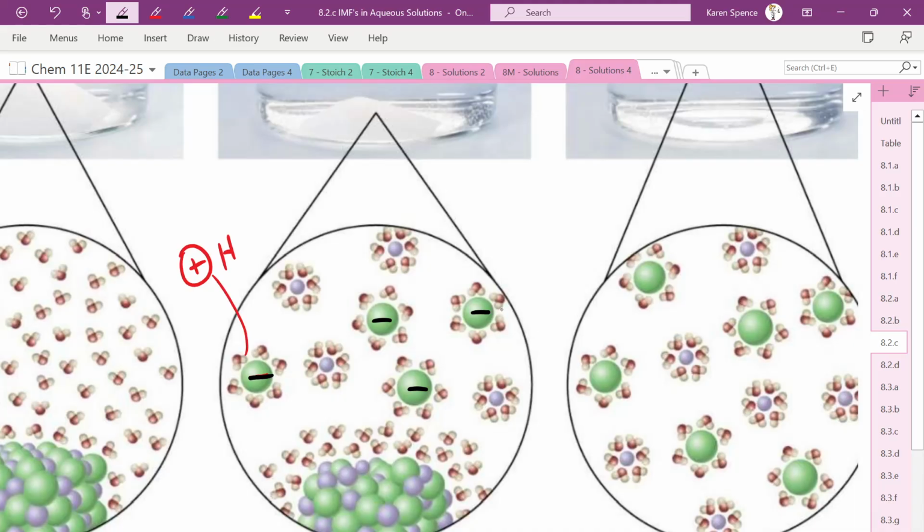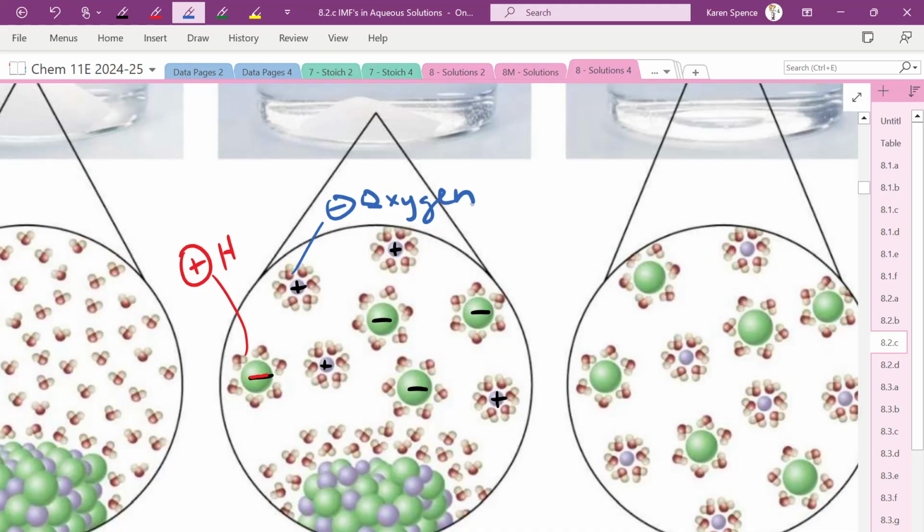Yes? And then if we look at our positive ions, the little purple ones, I really wish I could give you a color book. That would be so much better. But anyway, you've got the little positives there, and they are all surrounded by the negative oxygen. All the little red oxygens point towards the positive ions. So we are forming those intermolecular forces.